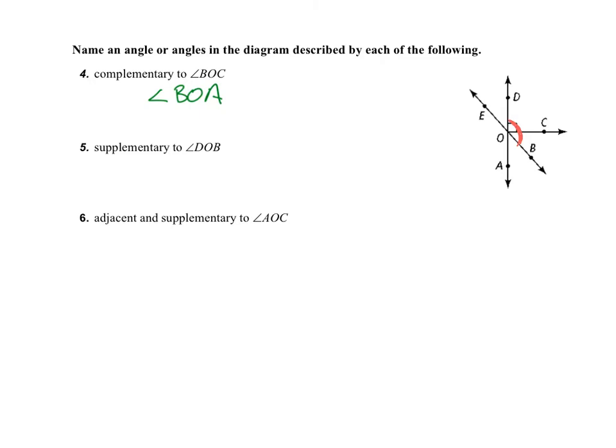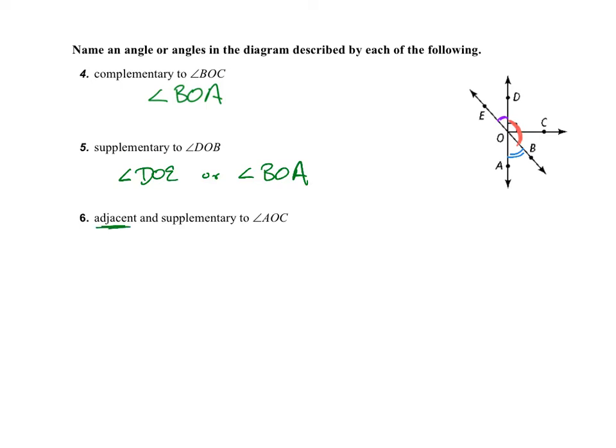In this case, if I add those two angles, this one that I marked in purple and the one in red, DOB and DOE are supplementary angles, the same with angle BOA. So this is angle DOE or angle BOA.